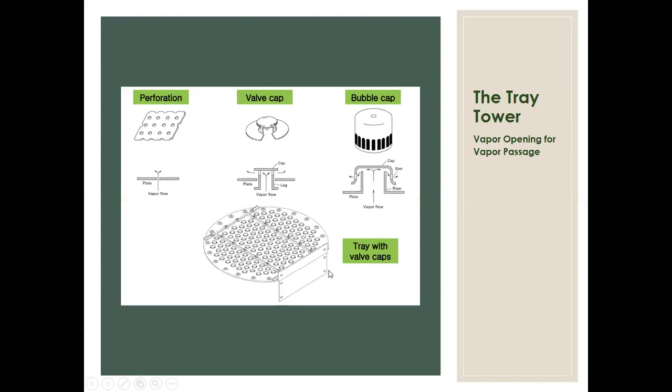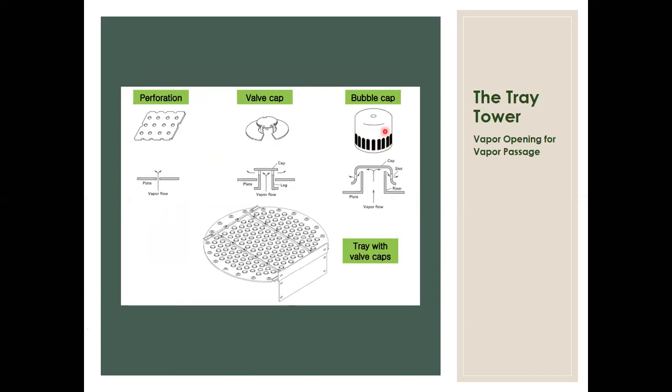Now, in terms of the tray tower, if in the case of the packing materials, we have two, and they are classified either as random or structured packing material. In the case of the plates, they can be perforated in the case of what you see here on the left. And you can have the bubble cup or the valve cup. This one is the bubble cup.